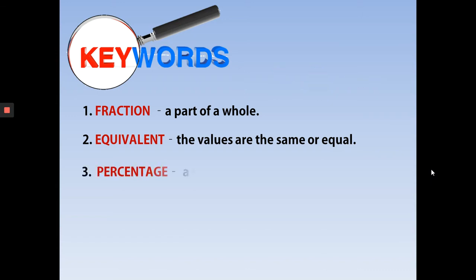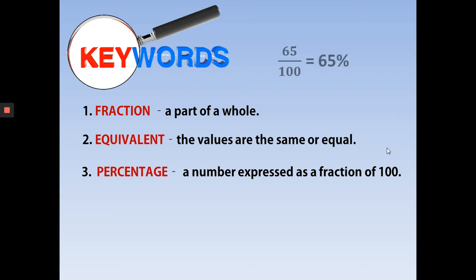All right, the third keyword is percentage. Okay, percentage is a number expressed as a fraction of 100. All right, just like this 65 out of 100, this fraction is equal to 65%. That means when, let's say, there is a group of 100 children, and 65 of them are boys, then the percentage of boys in that group is 65%.